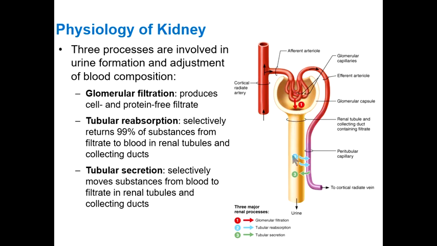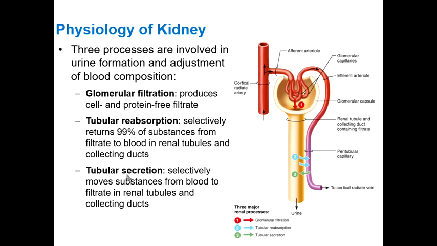Step 2, we reabsorb that material back into the blood, tubule back to blood. And that's called tubular reabsorption. And, like we've already mentioned, 99% or more of substances from your filtrate will re-enter the blood at the peritubular capillaries. But then there's even more processing.